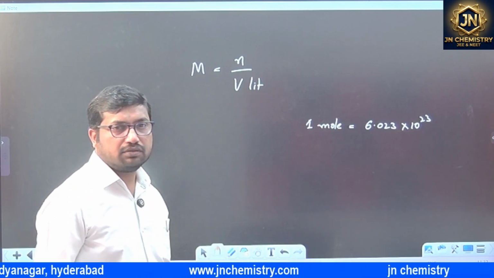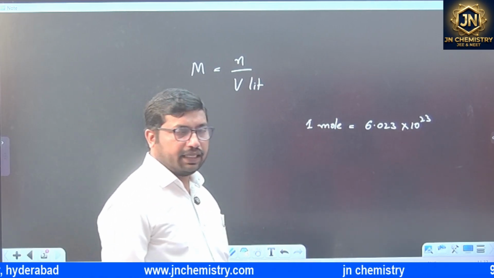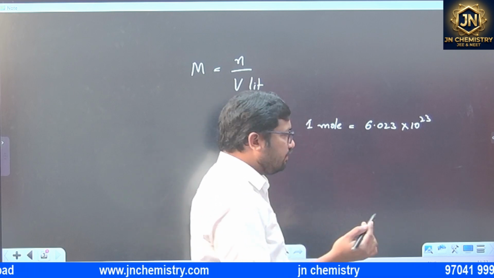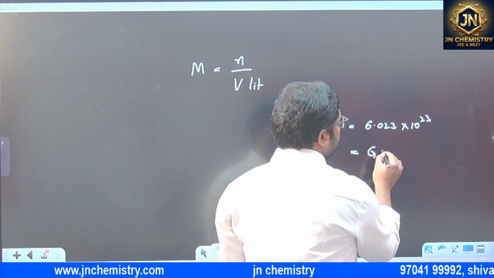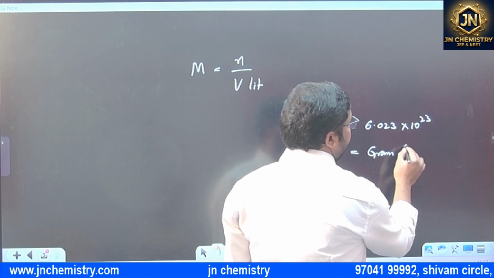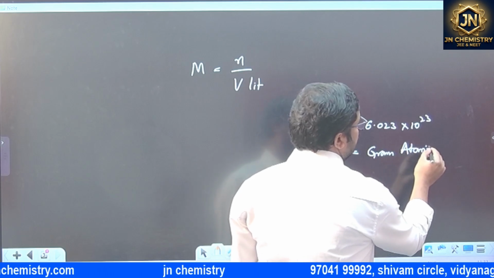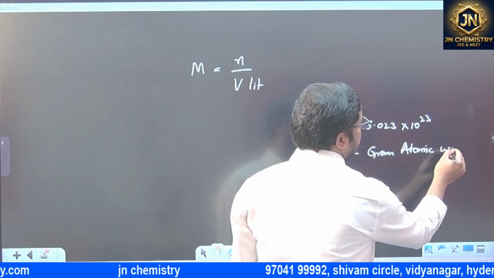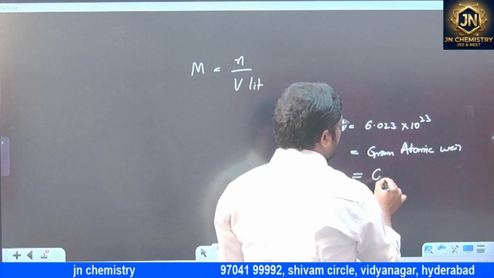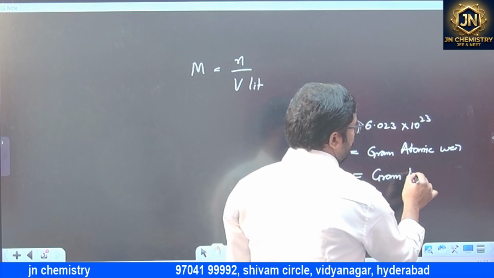Atoms or molecules? It can be anything: atoms, molecules, ions, or whatever it may be. Or one mole is equal to gram atomic weight. One mole is equal to gram molecular weight.